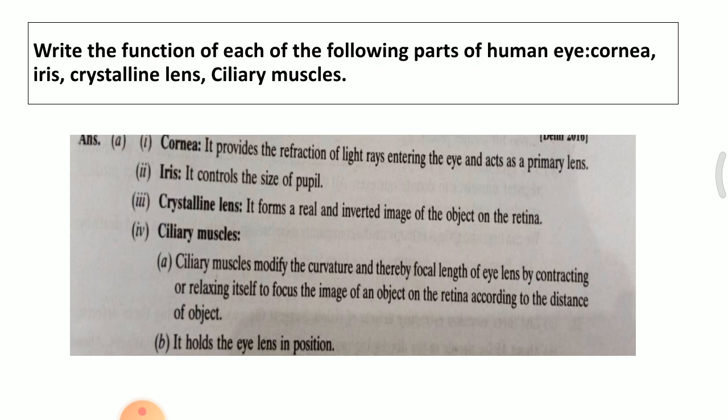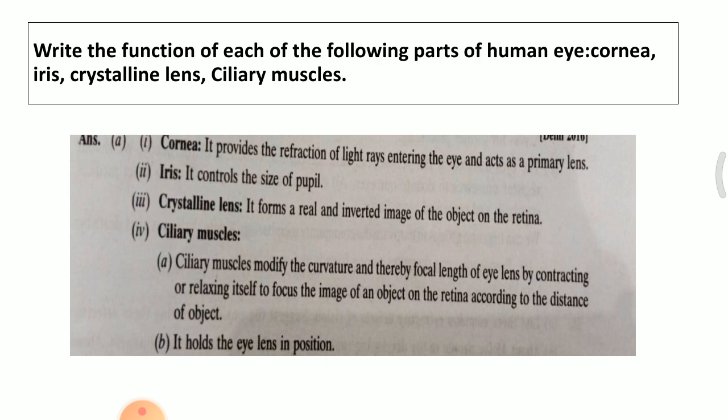When we are looking at a distant object, the ciliary muscles relax, and the eye lens becomes thin. It focuses the distant object on the retina. And also it holds the eye lens in the correct position.